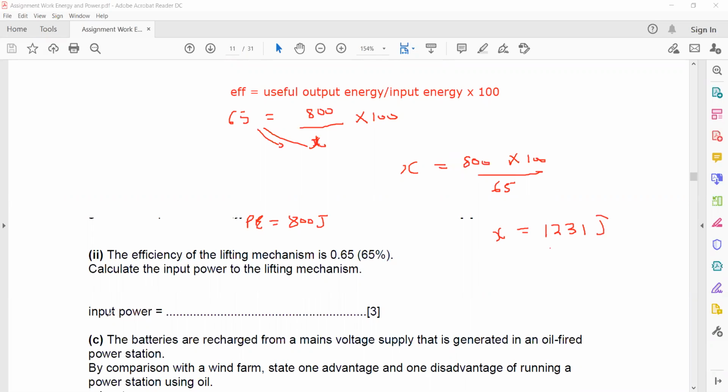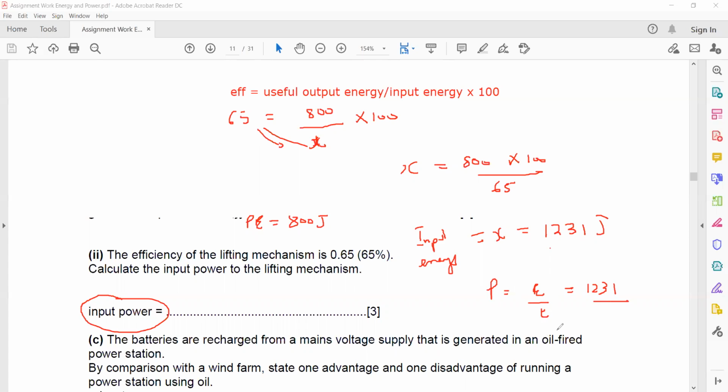But in the question, they did not ask for energy, they're asking for power. This is the input energy. So how can I get the power? Work done over time, or energy over time. So energy is 1231. And how much time did it take? In the question, the time was given as 5.4 seconds.